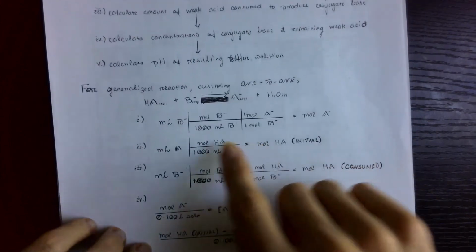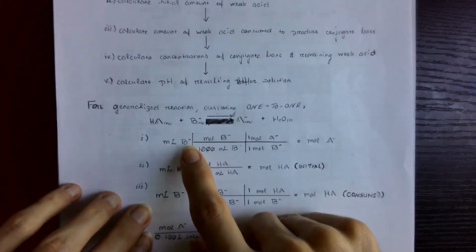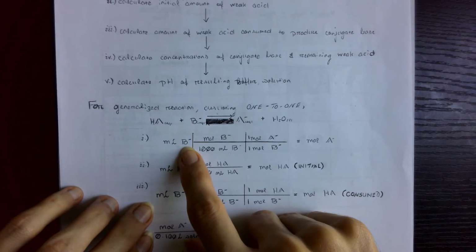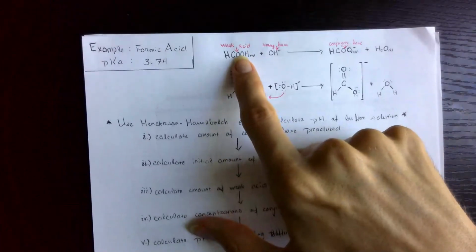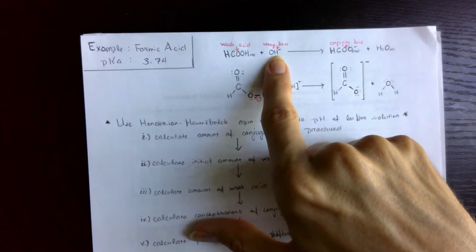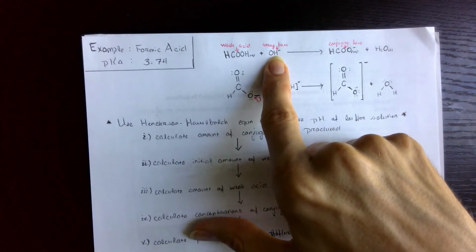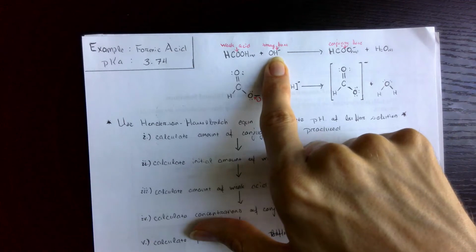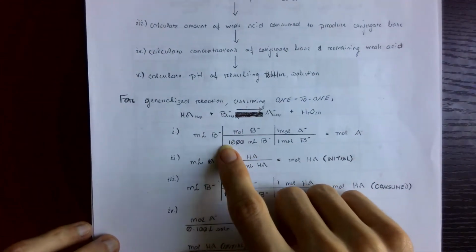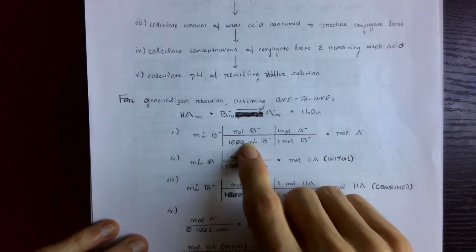The calculation is just as such. You look at how much base you used in milliliters, because what you would have done is taken your weak acid and added strong base to it using a burette. So the burette measures the volume of base that you've dispensed. We start with the volume of base dispensed and go to moles of base.